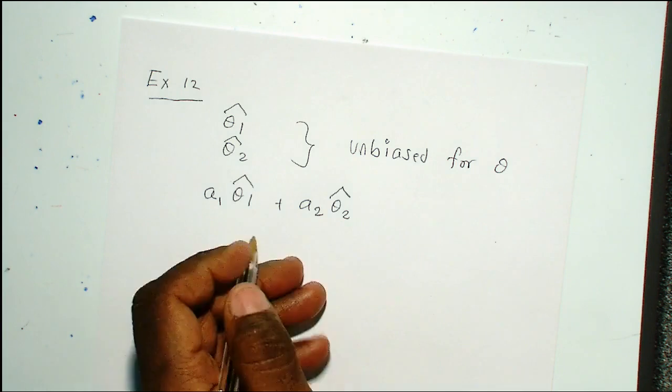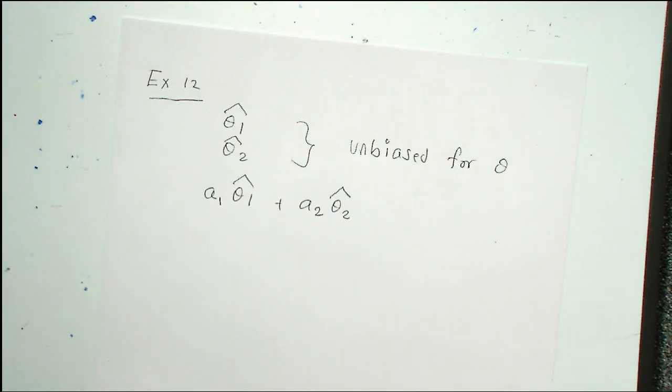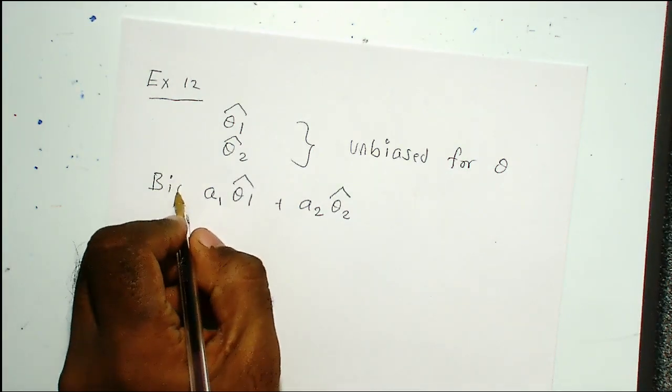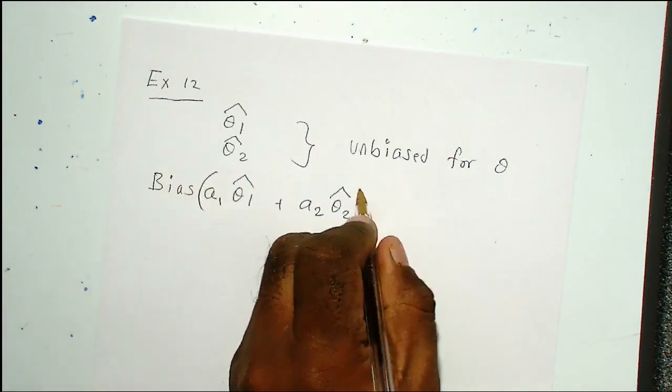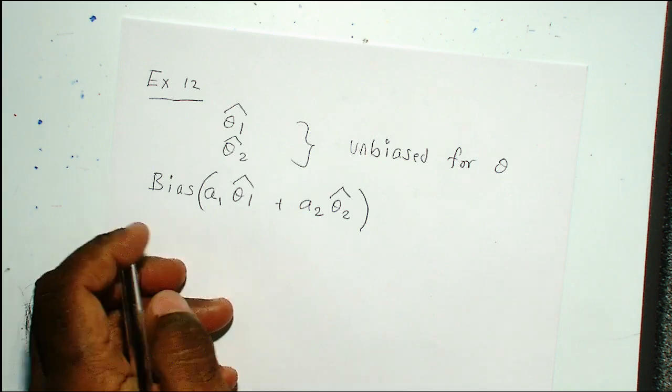Right, now to show that something is an unbiased estimator, you need to show what? I've done this enough times, guys, you should know. To show that something is an unbiased estimator, you need to show that the bias is equal to 0, right? So that's what I'm going to do now.